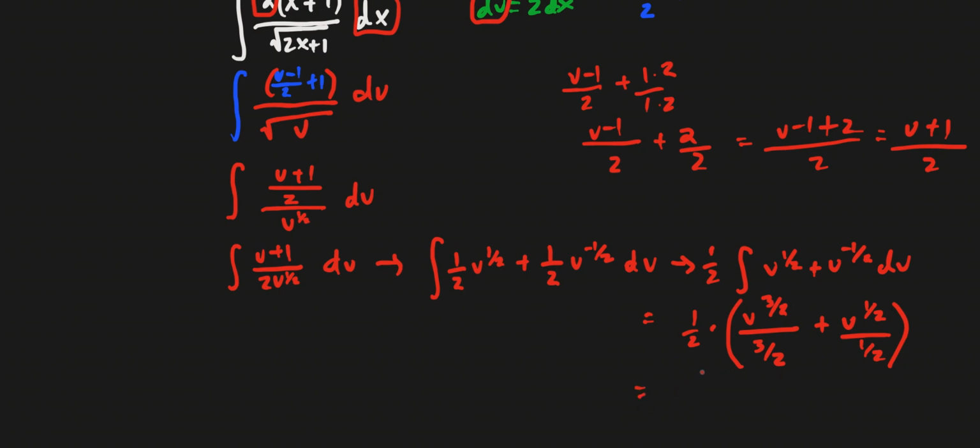So this is just going to be equal to 1/2 times u raised to 3/2 times 2/3, because it's a reciprocal, which is 2u raised to 3/2 over 3, plus 2u raised to 1/2 over 1, or just 2u raised to 1/2. We don't have to do anything with that.